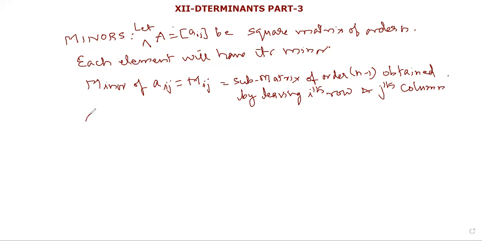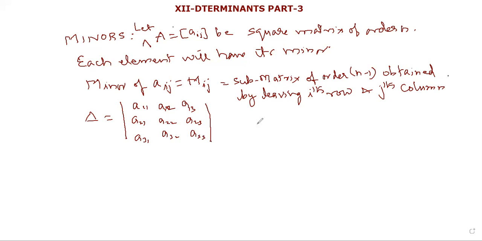For example, if matrix A has order 3, then a11, a12, a13, a21, a22, a23, a31, a32, a33 are the elements.